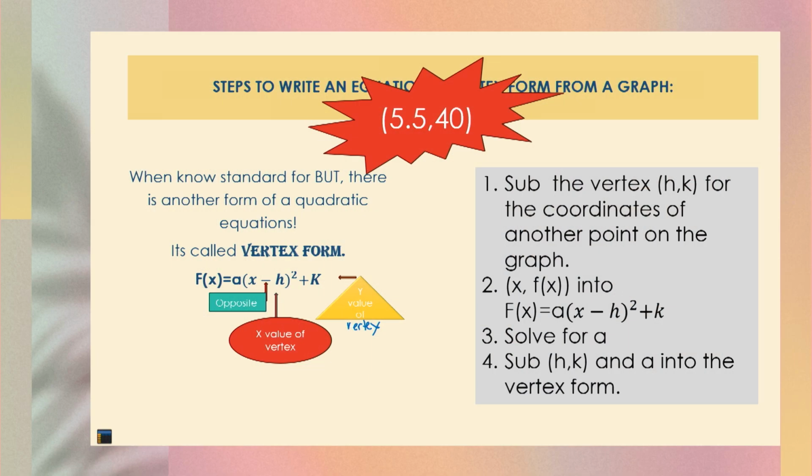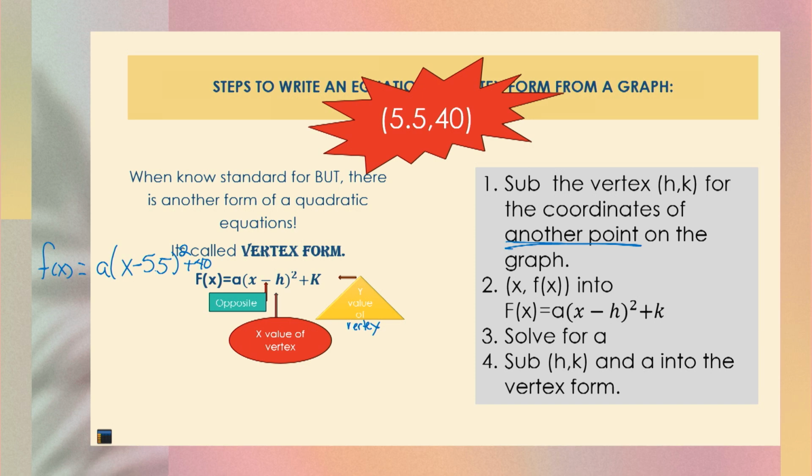Here we go. First thing I'm going to do is write this. F of X equals A, X opposite, so that's negative 5.5 squared plus my 40. So then I have to use another point as well, what it tells me.